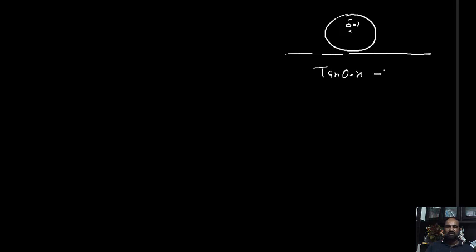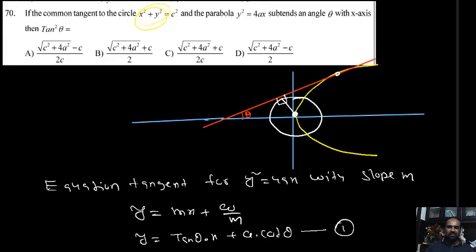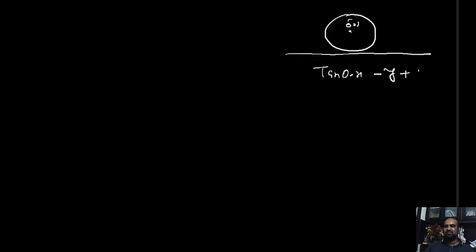This is the circle, center is 0, 0. This is the tangent. What I got: tan theta into x minus y plus a cot theta equal to 0.